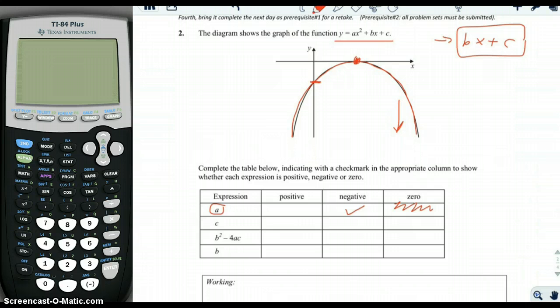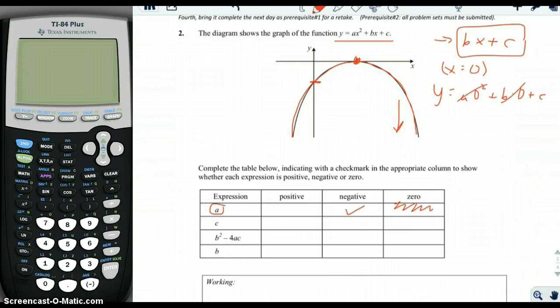Remember what C did. C is basically the y-intercept from the investigation. And if you forget that, then all you need to do is say, okay, well, if I put zeros in for the x's, if I said x is 0, then it would be a times 0 squared plus b times 0 plus c. And what do you know?